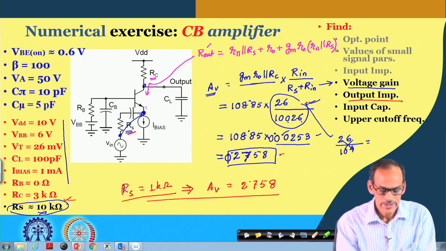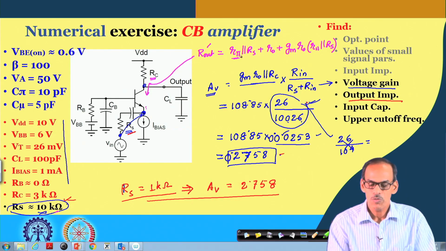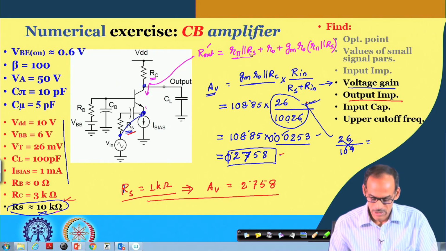And in this case, if I consider R s as 10 k and R pi was 2.6 k, these two in parallel, again I think I do have the calculation.